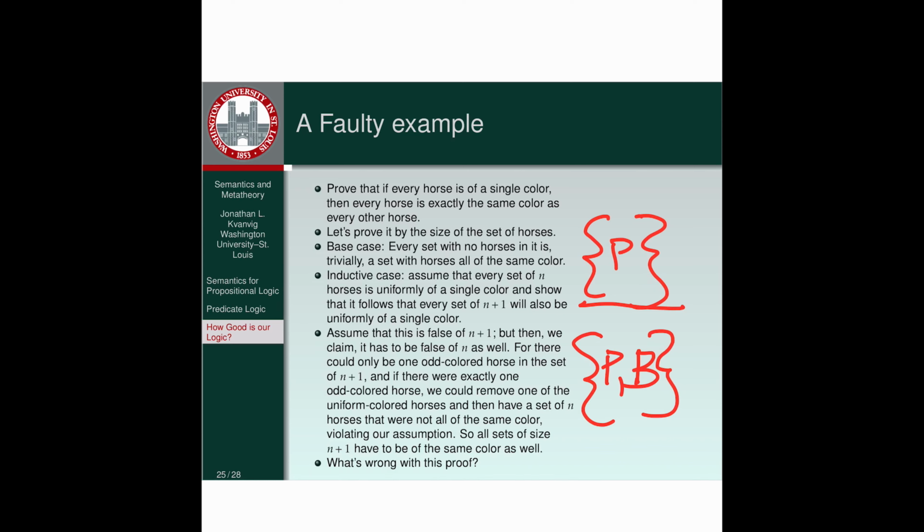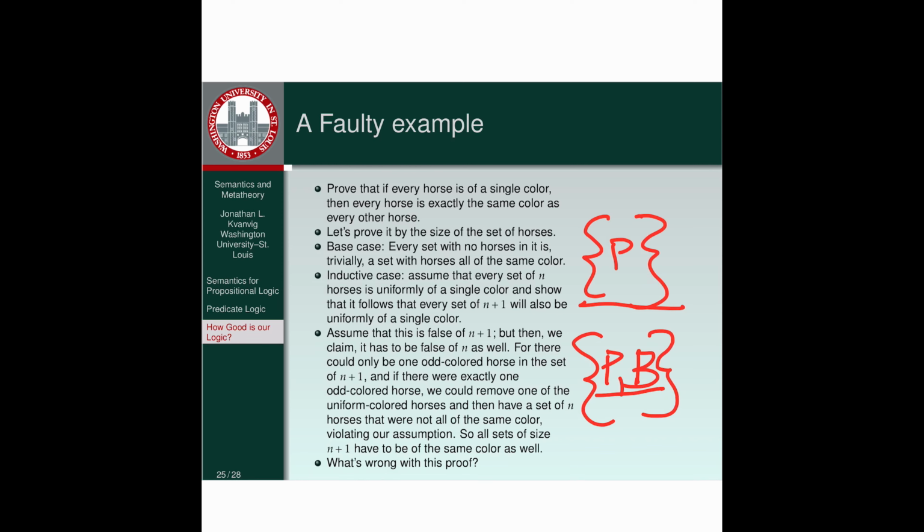If all sets of size 4 were of the same color, then all sets of size 5 have to be of the same color, because you can drop one of them and violate the assumption about what happened with 4. But notice here, no such violation occurs. It doesn't matter which of the horses you drop, you're going to end up with a singleton set, and it will have horses all of the same color in it.